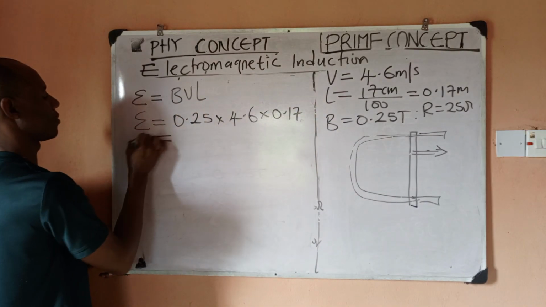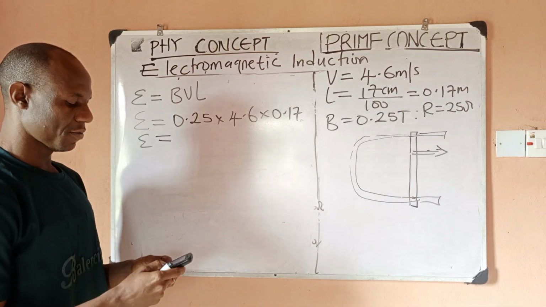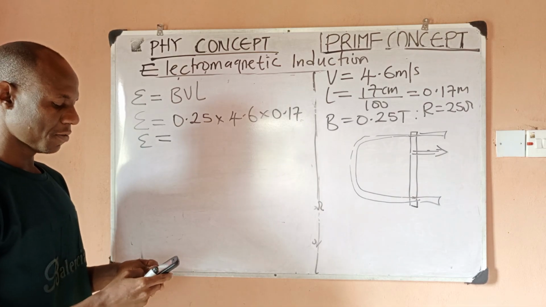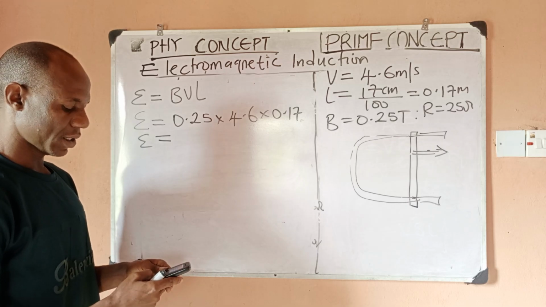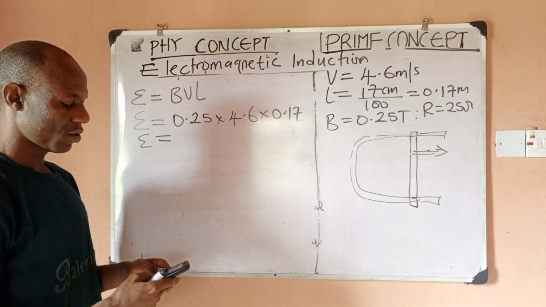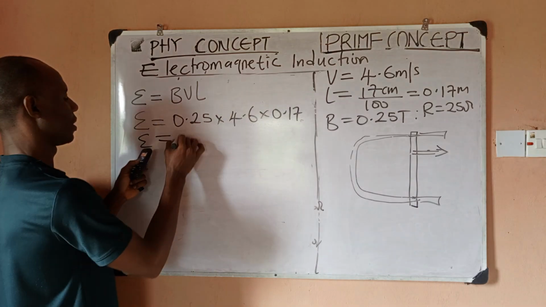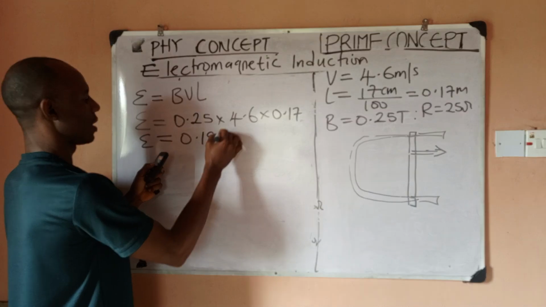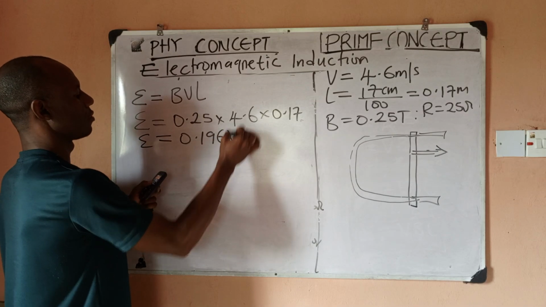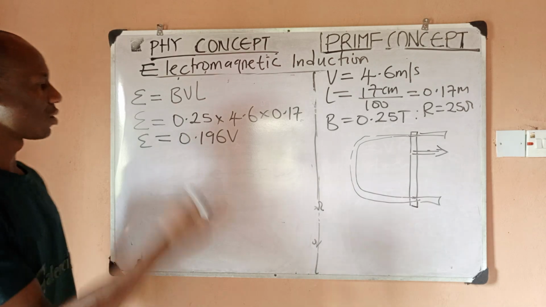So if I solve this, I'll get that my induced EMF is 0.25 times 4.6 times 0.17. So this will give me 0.196 volts. So this is my induced EMF in the conductor.